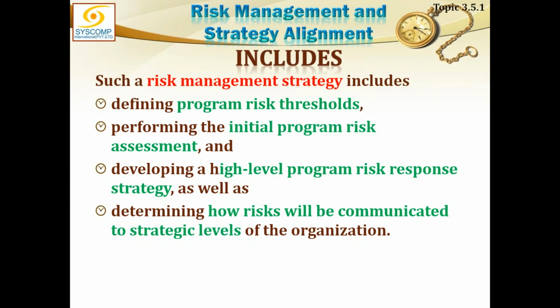Such a risk management strategy will include, number one, defining program risk thresholds. This is actually what we usually do in our risk management plan in project management. We establish the rules there and then we follow them. So here in the risk management strategy, the rules for program risk management are being established.